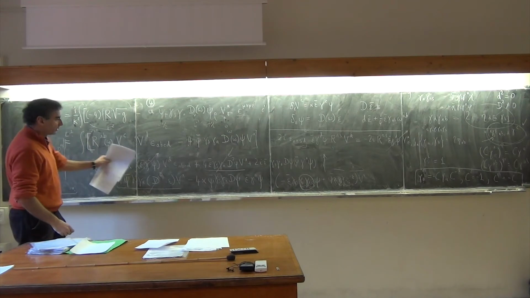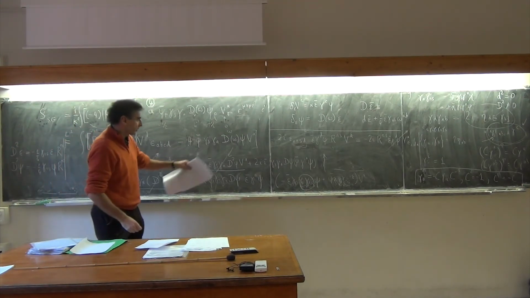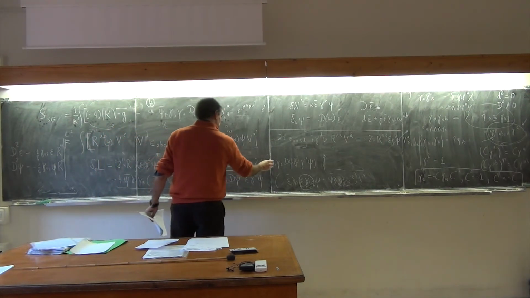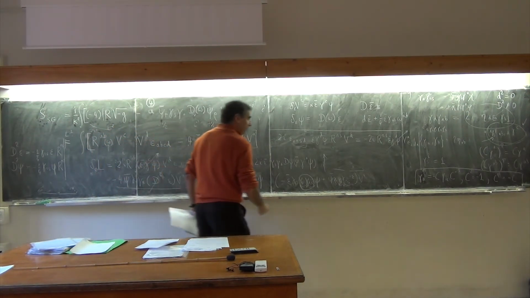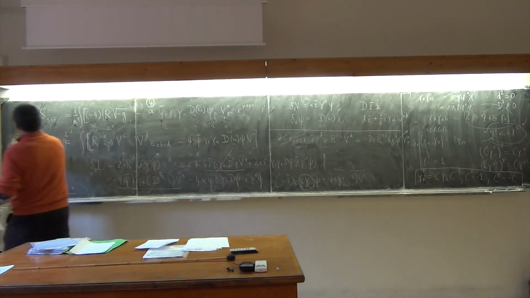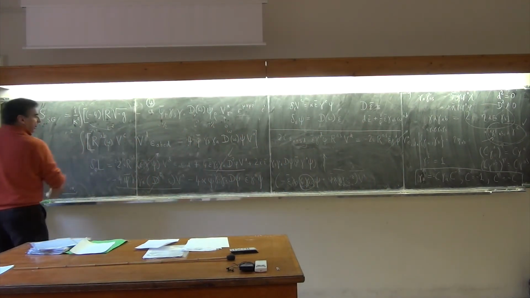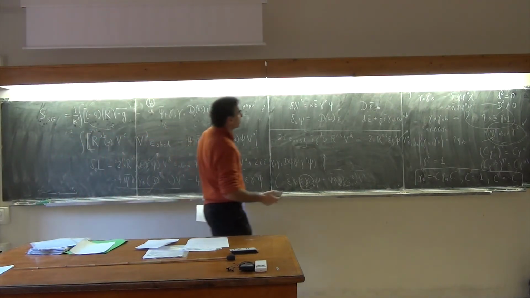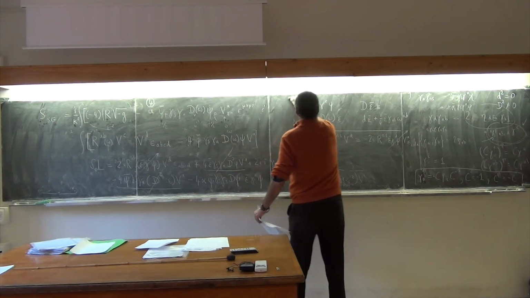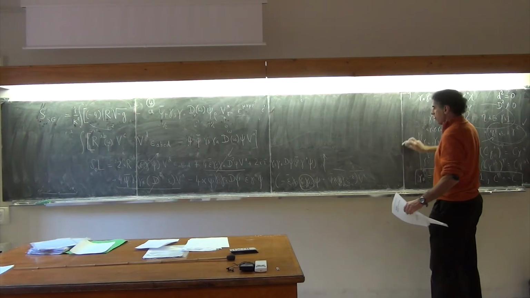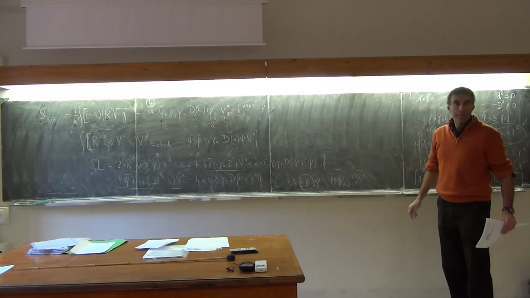And we took care of 1, 2, 3 terms. Now we are left with this and this. And it will be the last part of the proof. Is it clear?